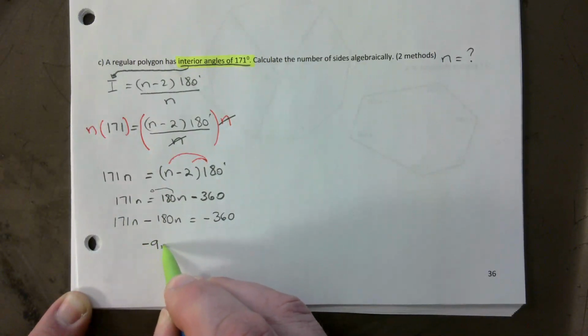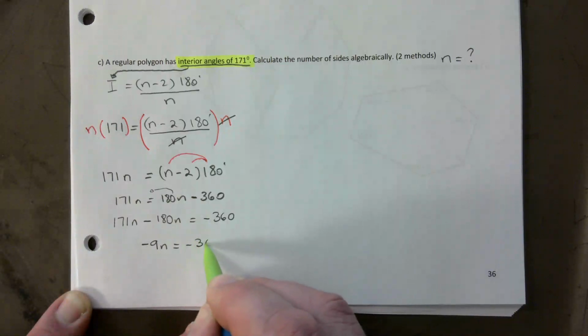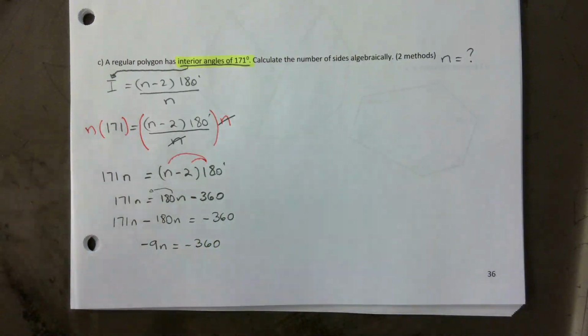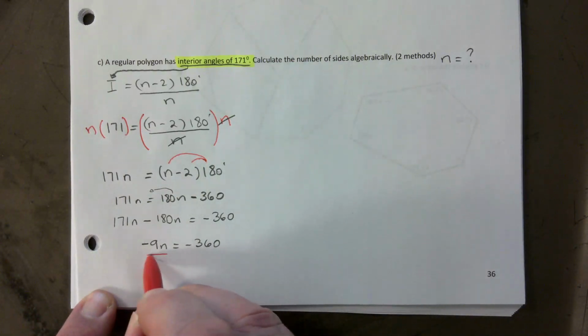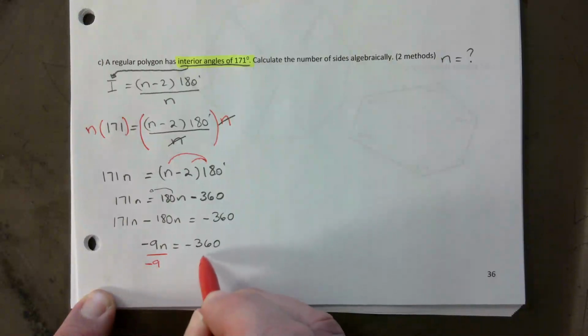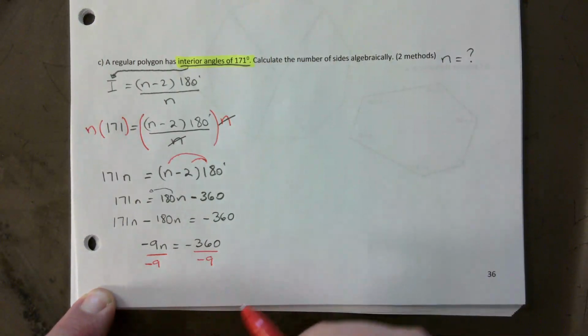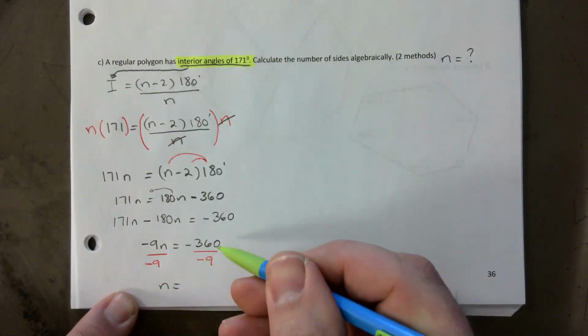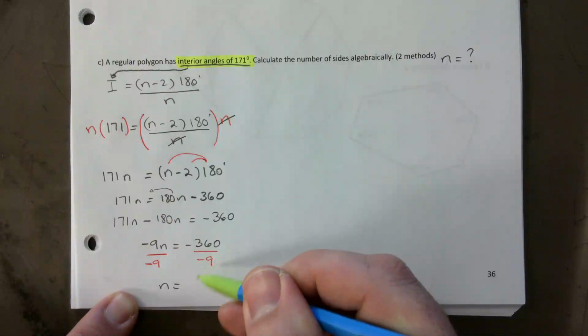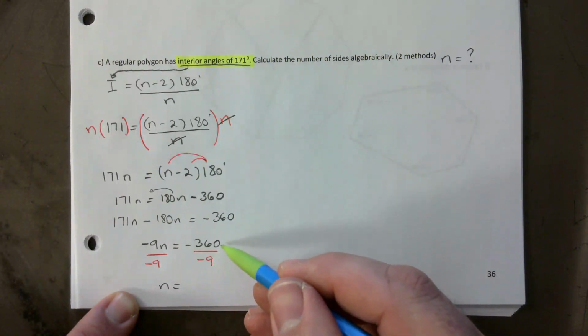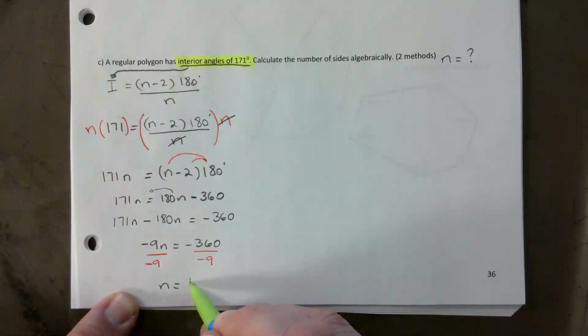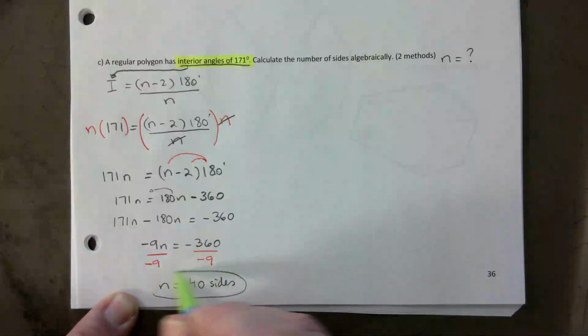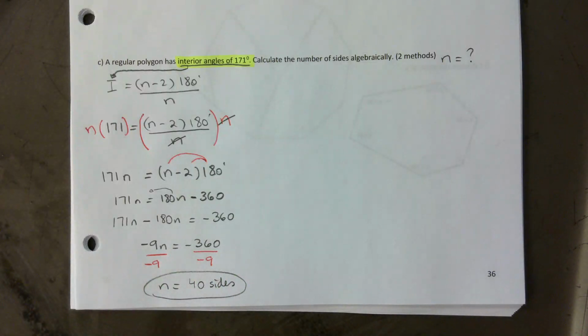Negative 9n, right? And now I divide both sides by negative 9. That's my last move here. So negative divided by negative is going to be positive. 360 divided by 9 is 40. So you found out that this particular polygon has 40 sides.